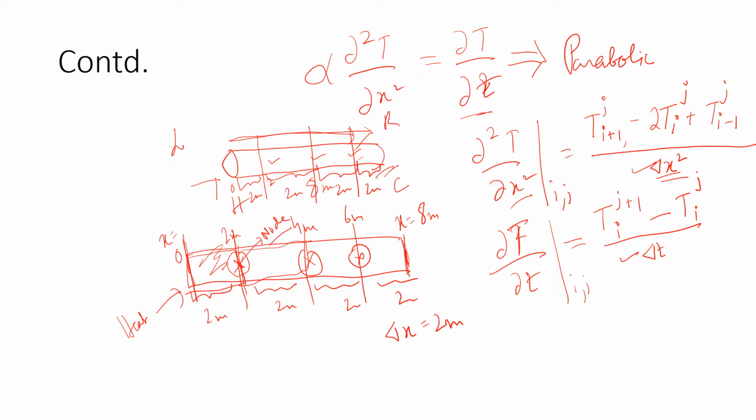after a certain time, after we apply the heat onto the left-hand side of this rod. So if I apply this heat at t equal to 0 seconds, then we will be interested to know what is the temperature at these nodes, and also this edge and also this edge, after suppose 3 seconds, after 6 seconds, after 9 seconds, and so on.